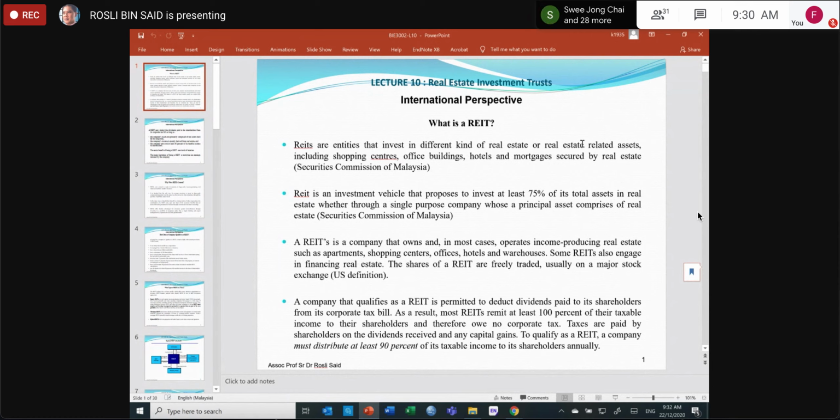Whenever we purchase REITs, we are exempted from income tax on the dividends that we receive. From the income that we receive, we are exempted from income tax because a REIT is a one-way, transferable tax, because the company will have to pay the so-called withholding tax.